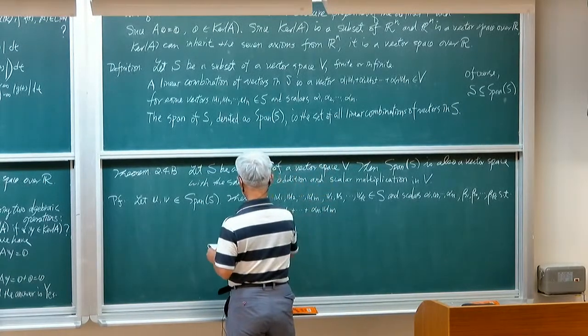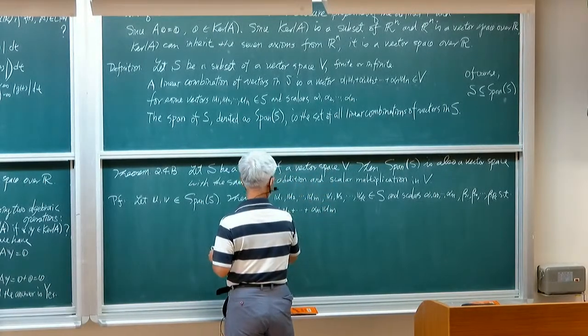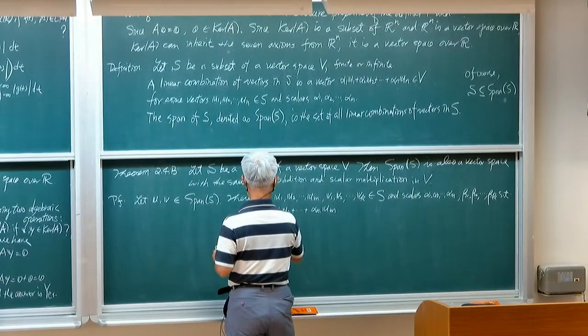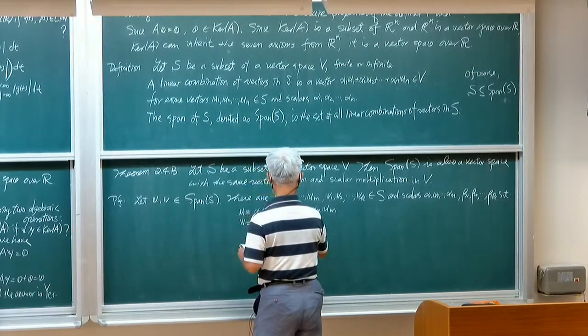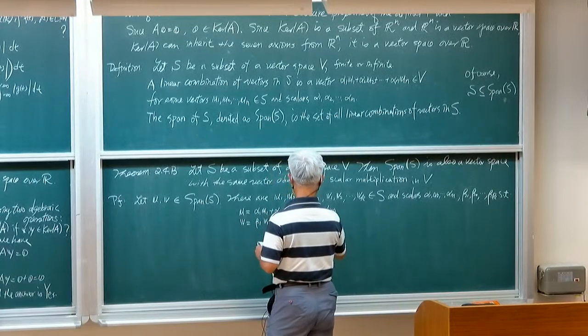And v is equal to beta 1 v1 plus beta 2 v2 plus ... plus beta k vk.